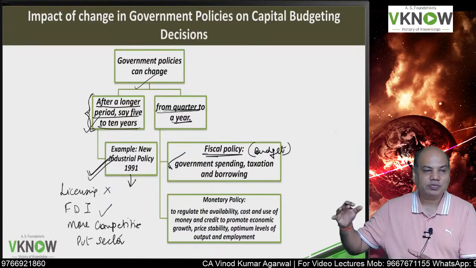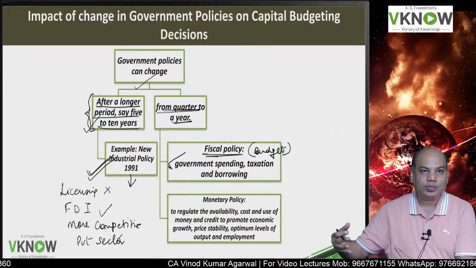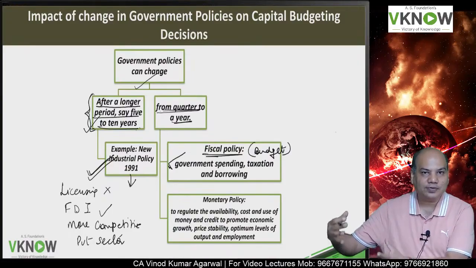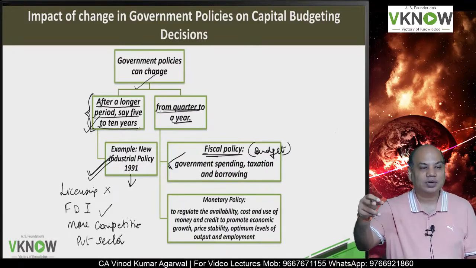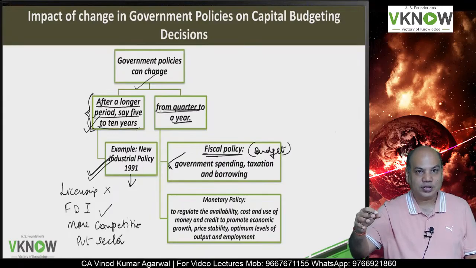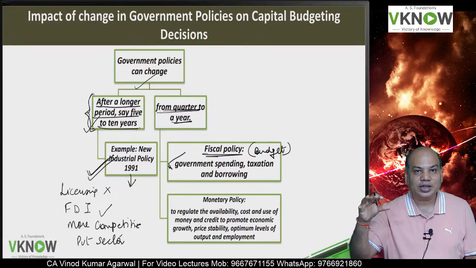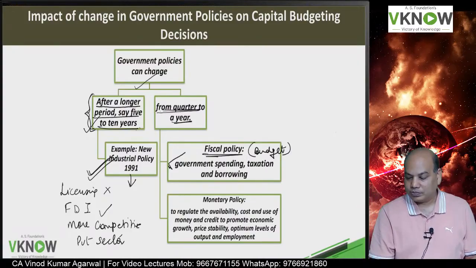So companies which are into infrastructure business, their demand will go up because the government is purchasing a lot of the input required for infrastructure, or the government is focusing more on the defense segment also in recent budgets. So companies which are into production of defense material, defense equipment, their product demand will go up.